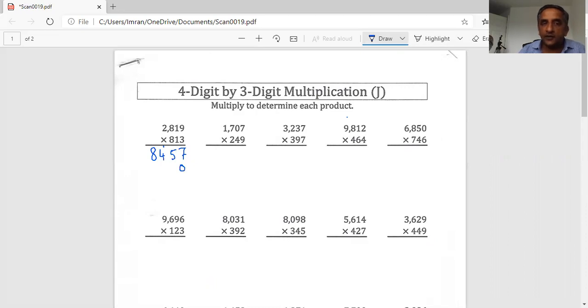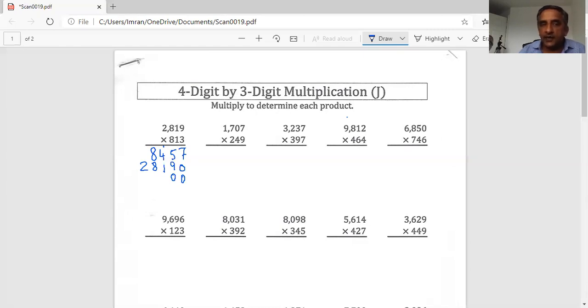Now 1 times 9 is 9. 1 times 1 is 1. 1 times 8 is 8. 1 times 2 is 2. Right? Now, before we do the third one, we have to put two zeros underneath the first 2 digits.